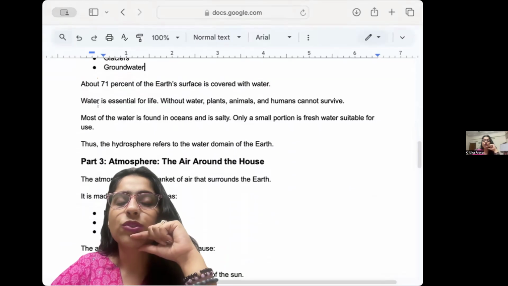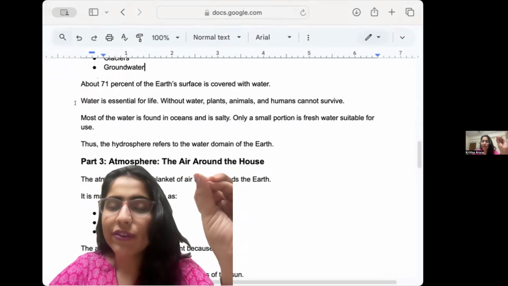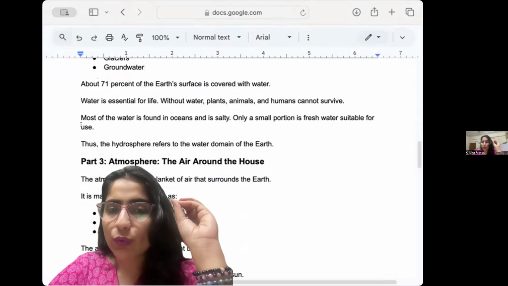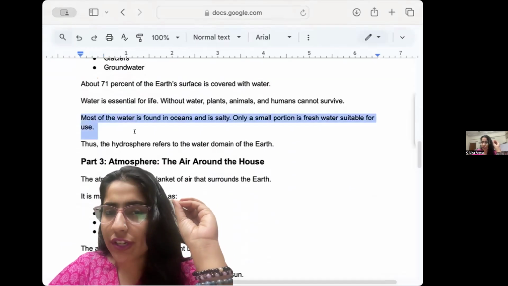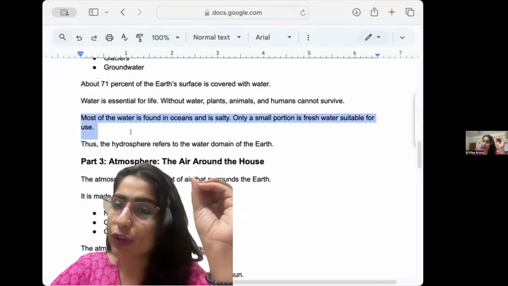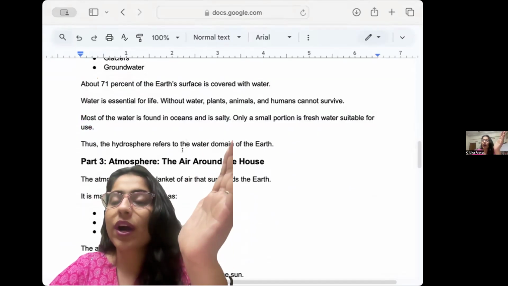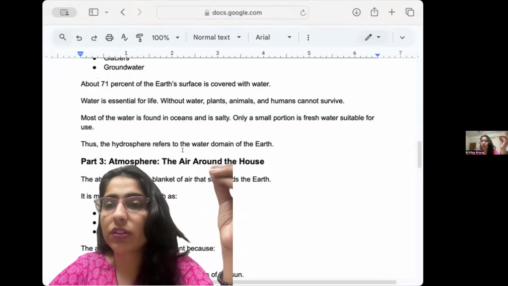So, water is essential for life. Without water, plants and animals, humans cannot survive. Most of the water is found in oceans and it is salty, and only a small portion of the fresh water is suitable for use. So, do you remember in the first lecture I had told you about the evolution of the earth?